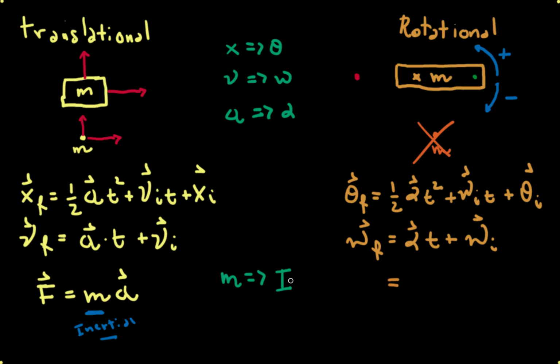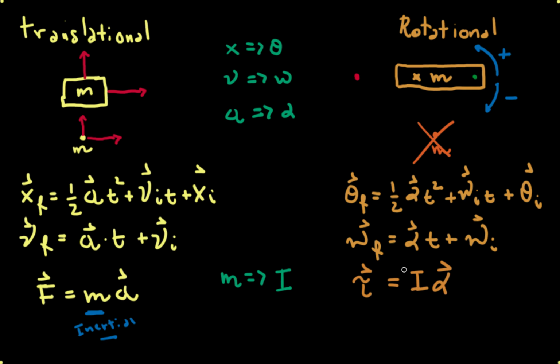So far we have I, and now we have acceleration. We already decided that goes to angular acceleration, right there. And the new term we're going to call torque. And I think that some of you already have some sort of experience with this term right here.